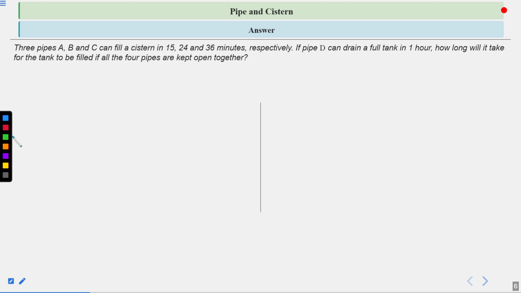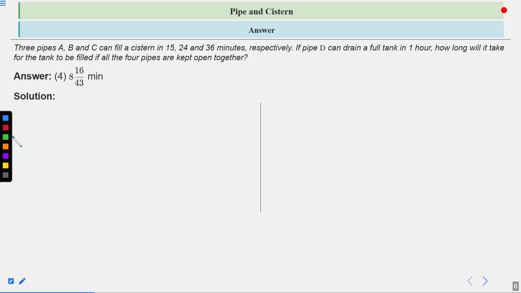So we add the combined efficiency of A, B and C, then subtract the efficiency of D, and then divide the LCM by the remaining efficiency, so we get the time in which all the 4 pipes can fill the tank together. So the correct answer of this question is the fourth one, which is 8 and 16 by 43 minutes.